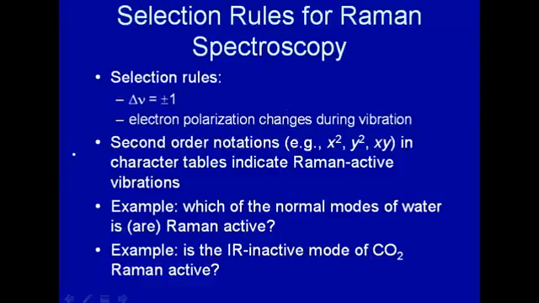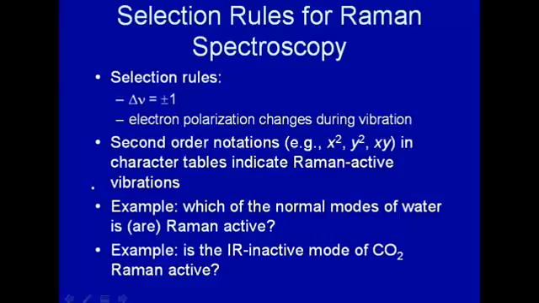Now, for infrared absorption spectroscopy, we looked at the irreducible representation corresponding to a particular vibration, and then we looked in the character table and saw whether one of the Cartesian coordinates transformed, or had the same irreducible representation, as that irreducible representation for a normal mode. And if they did, then we said that that particular vibration, the normal mode corresponding to that, was IR active.